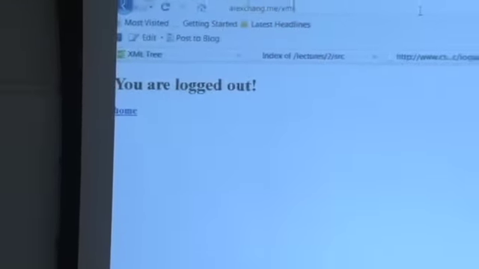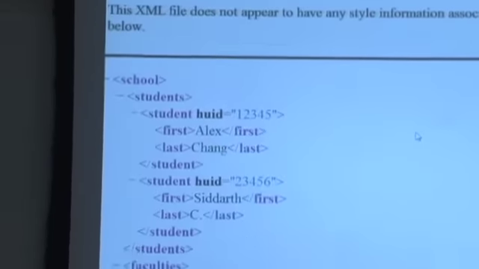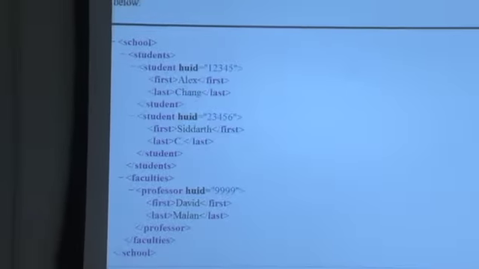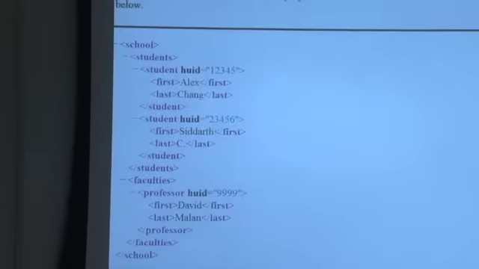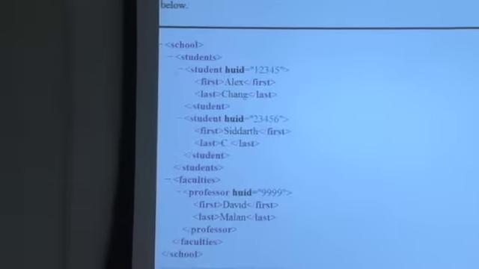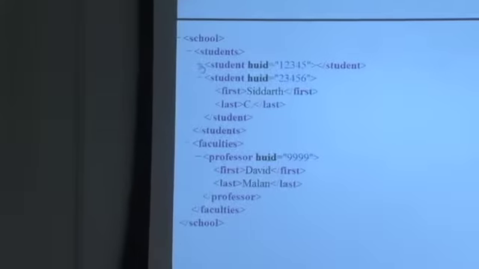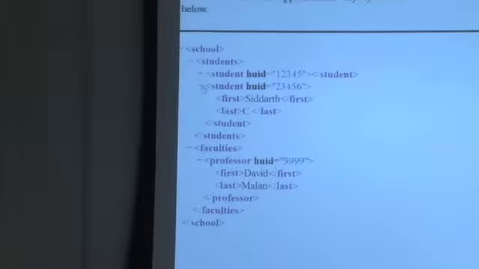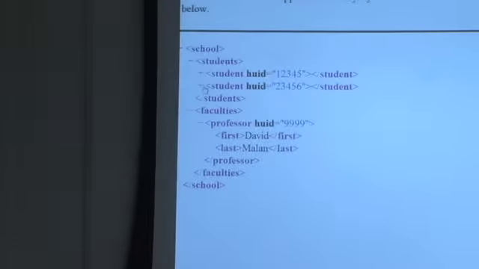XML example. There you go. So here is the XML page that I just created. And this is just a display from the browser. And by pressing these minus and plus signs, I can open up and close up these tags. So it's easy to read.